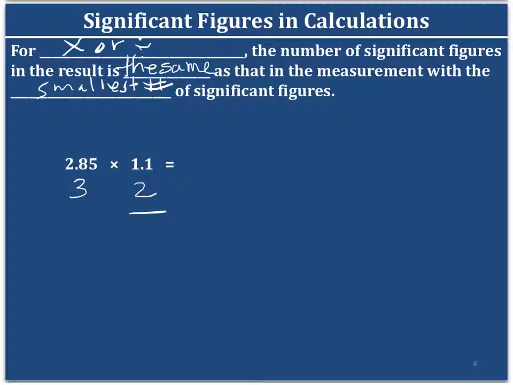So what you would do is you would calculate this maybe in your calculator or on paper, and you would get 3.135. But we can only have 2 sig figs, and this number has 4. So we're going to keep this one and this one. Now what you want to do with this number here is make sure that this is less than 5, otherwise you'd have to round up. So our answer is 3.1.